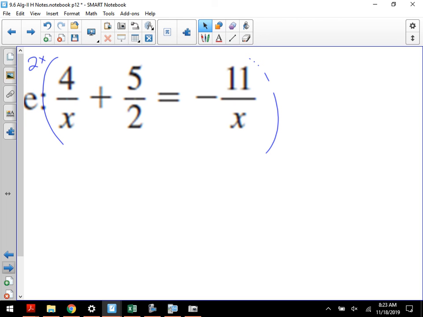I multiply everything by 2x. This fraction has the x. What does it need? The 2. This one has the 2. What does it need? The negative 11 has the x. What does it need?